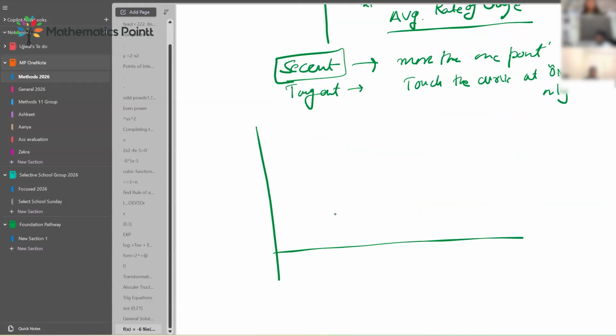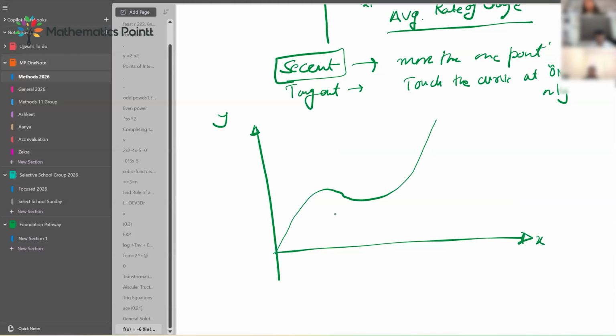Let's say the x. Let us say the curve is something like this.